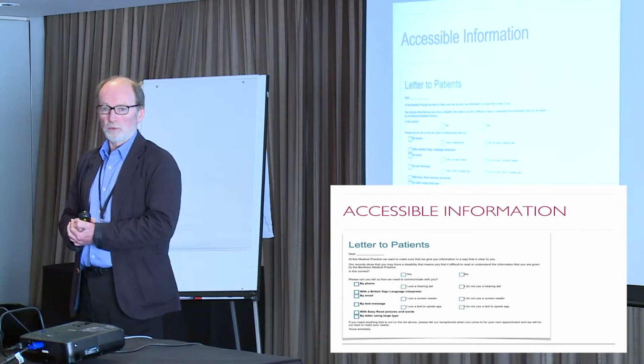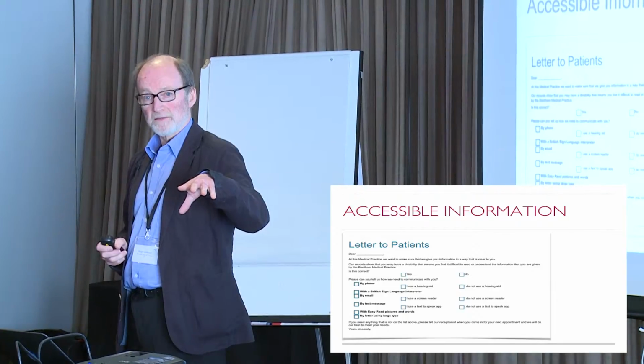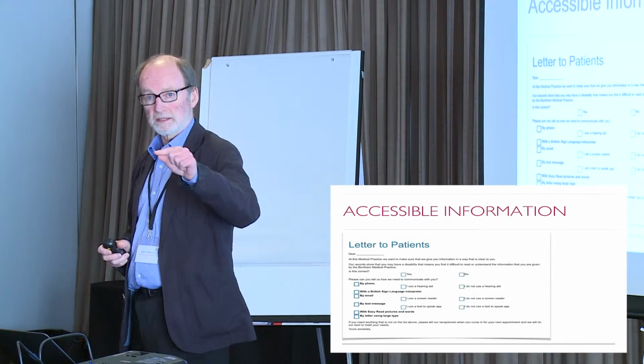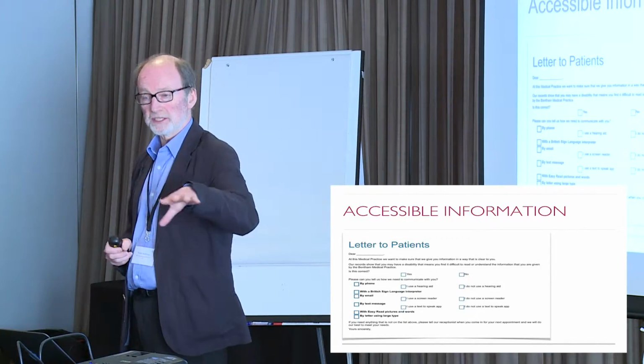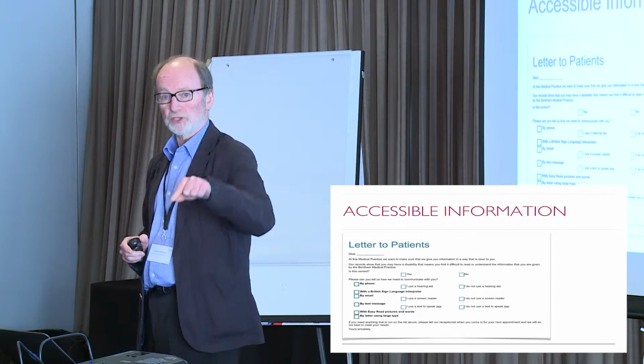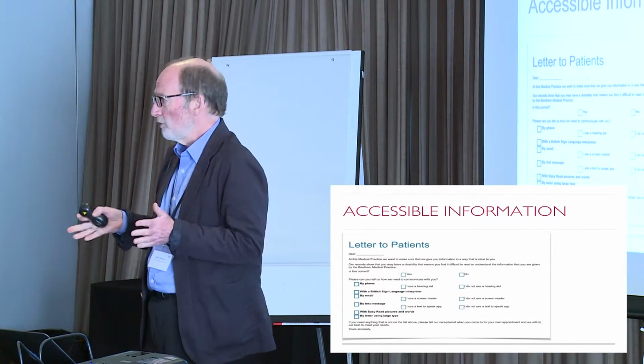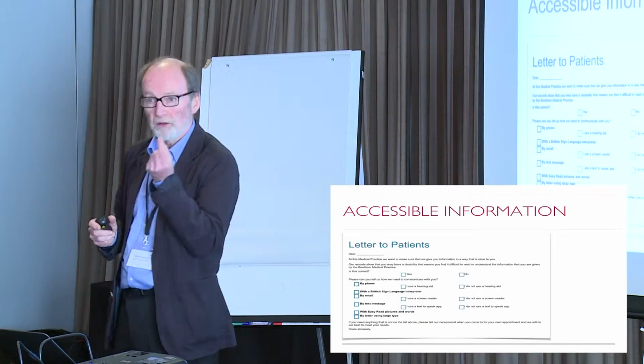But we are where we are, and you have to be reasonable. When reports come in from hospitals and somebody has something in the letter that suggests there's a sensory impairment, you actually think, oh, maybe we should be doing something about this, and you can contact that patient in whatever way seems best on a one-to-one basis.